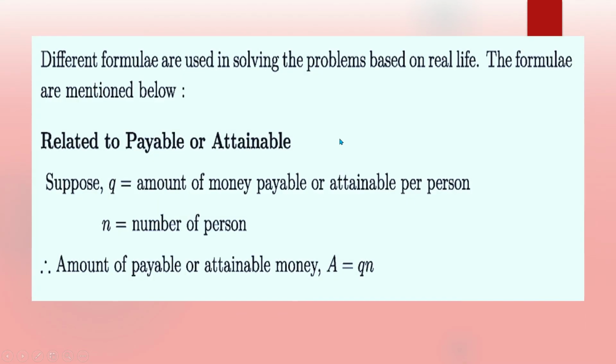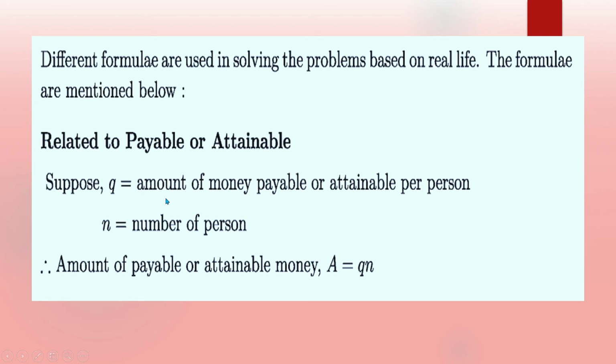Most of the math in this exercise you had already solved in class 7 and 8. Okay, I'll repeat again. Here are some formulas related to payable or attainable amounts.